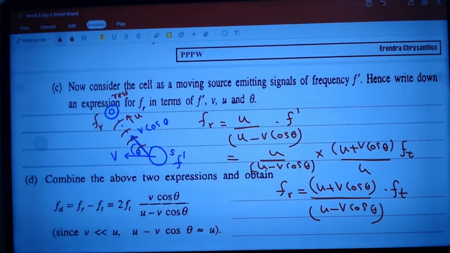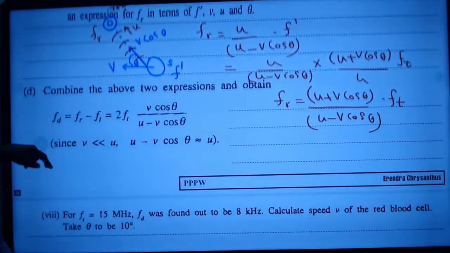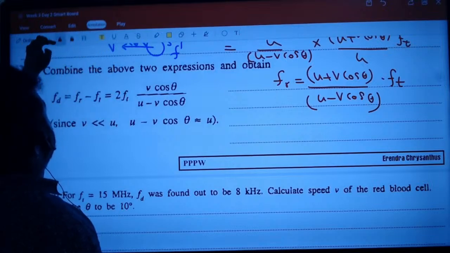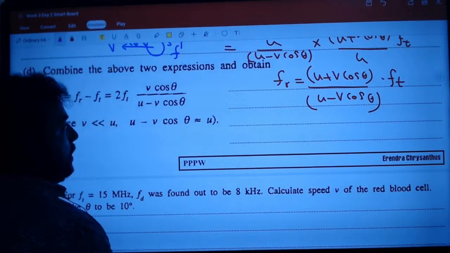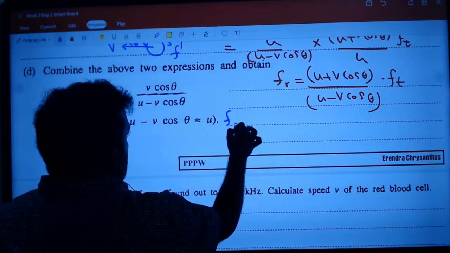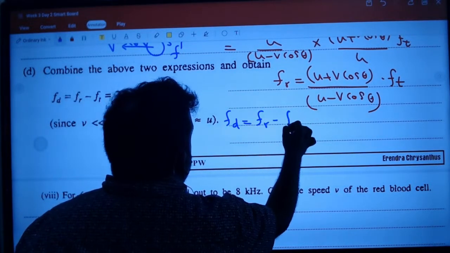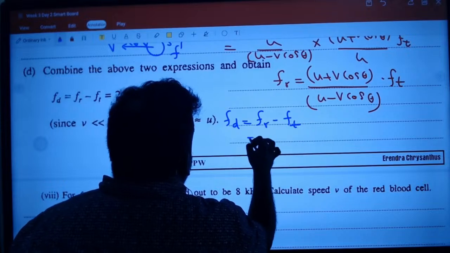Combine the above two expressions and obtain the formula. Okay. fD is received minus transmitted.